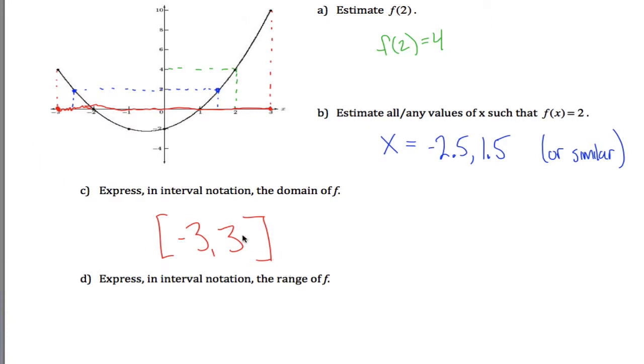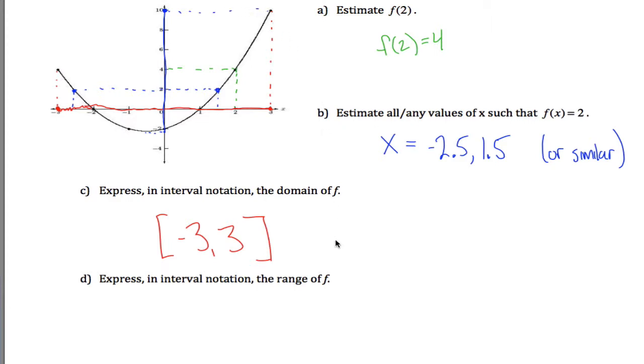Express the range of f. Okay, so the range are all the possible outputs, all the possible heights this thing takes on. Well, it looks like the highest it ever gets up here is 10. And then there's heights for everything all the way down until we get to right around here, this kind of height.